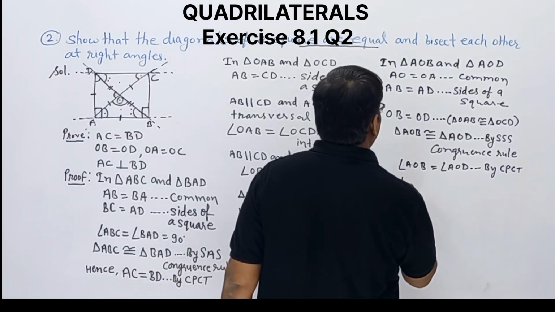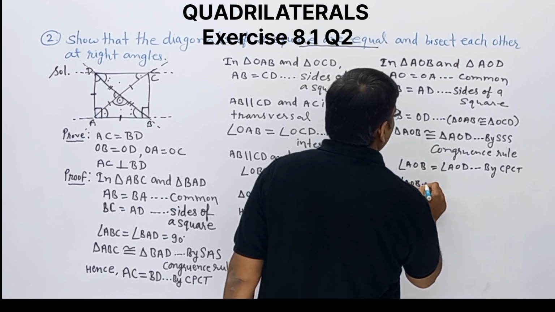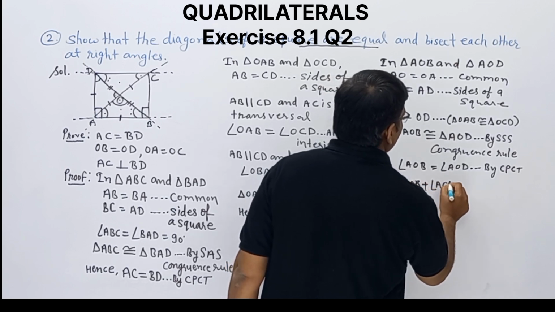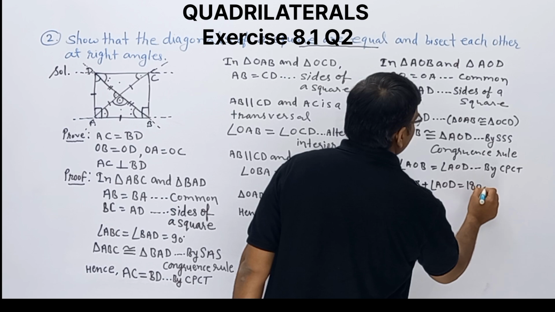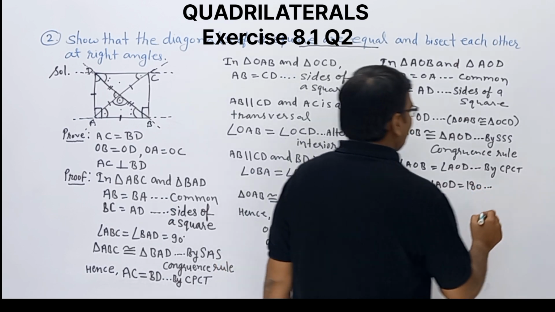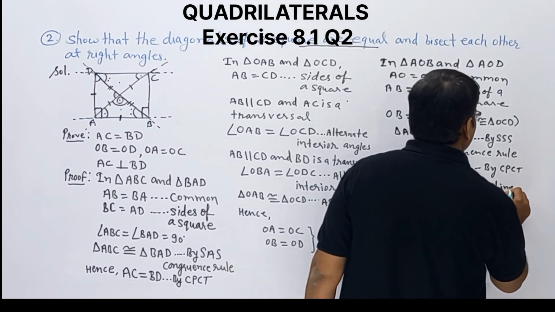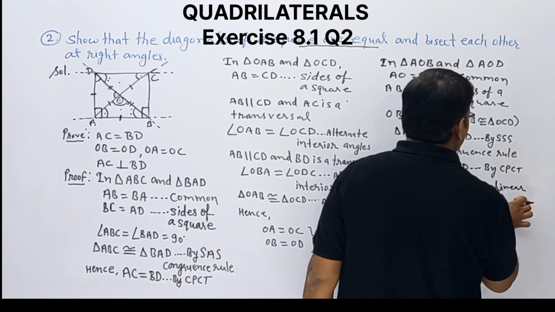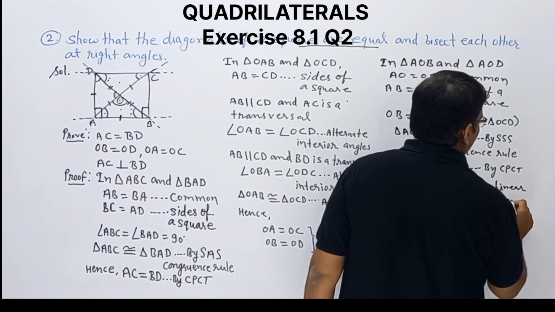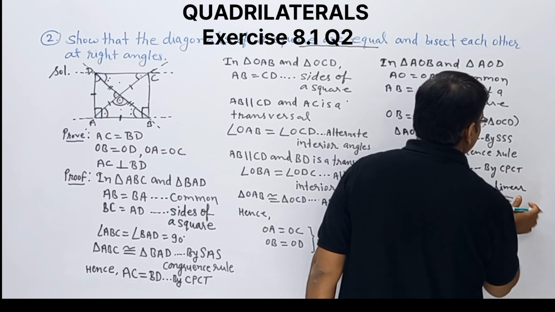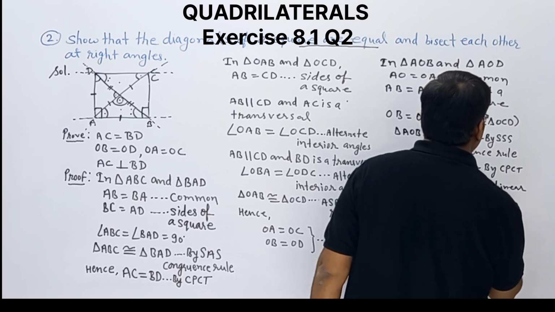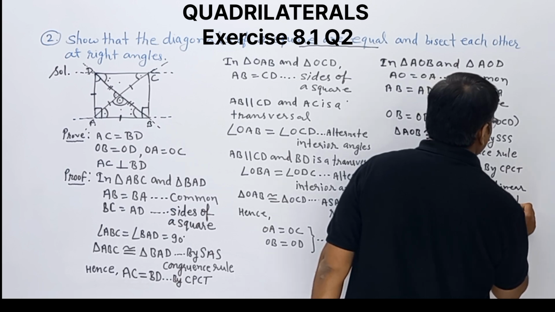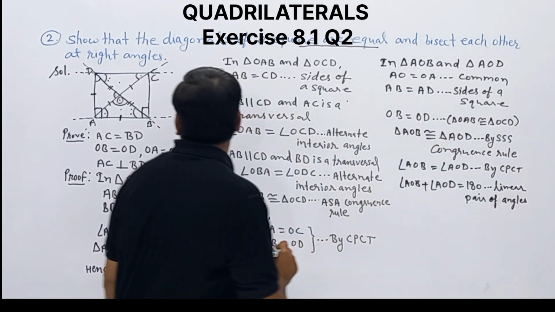So angle AOB plus angle AOD equal to 180 degree. Why? Linear pair of angles.